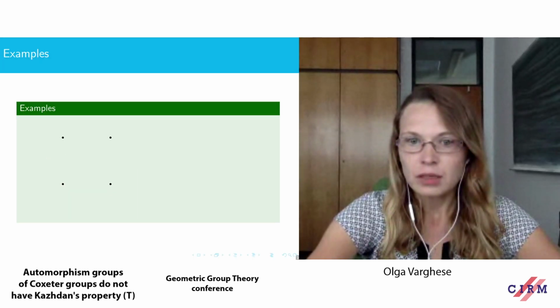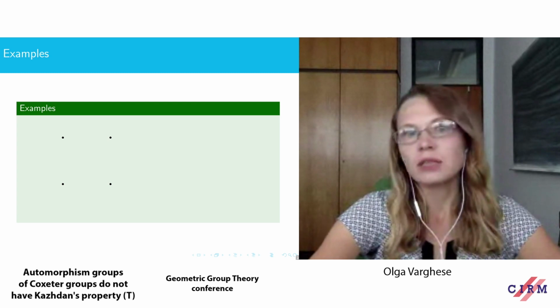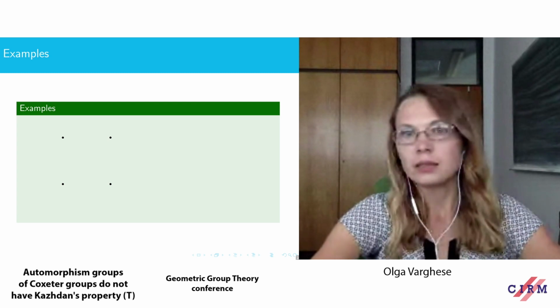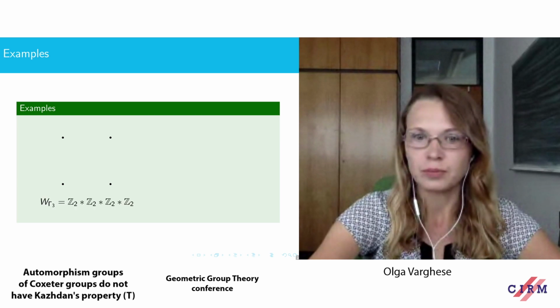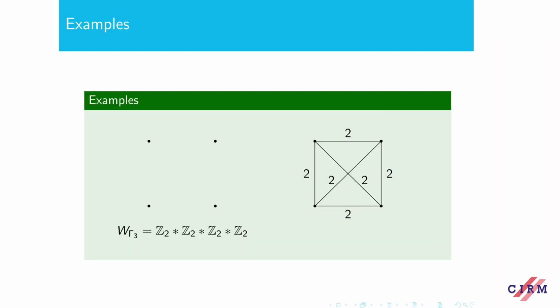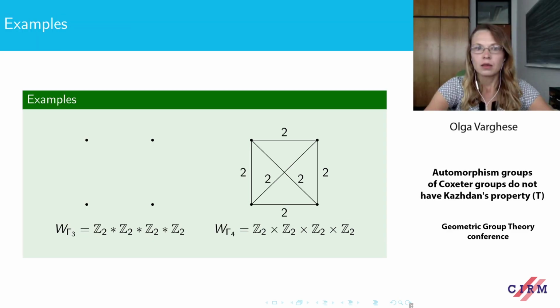Okay, one more example. This graph has no edges, hence the corresponding Coxeter group is equal to the free product of the Z2s. In this graph, no edge is missing, and all edge labels are equal to 2. Hence, the corresponding Coxeter group is a direct product of the Z2s.